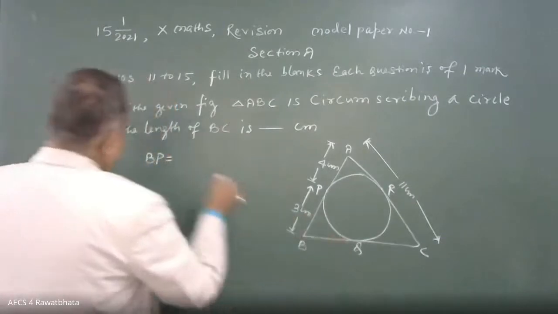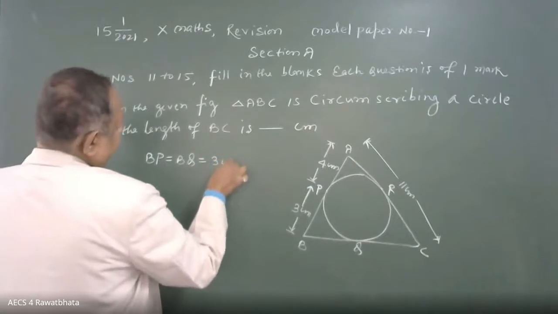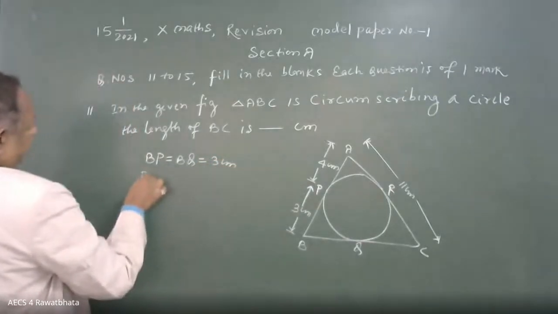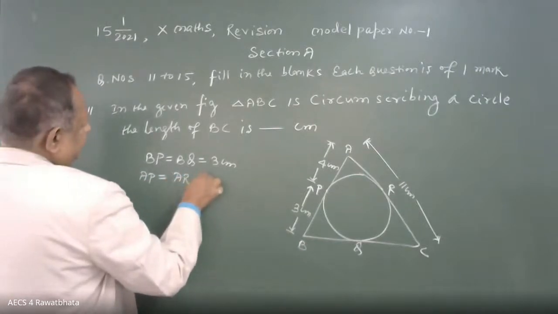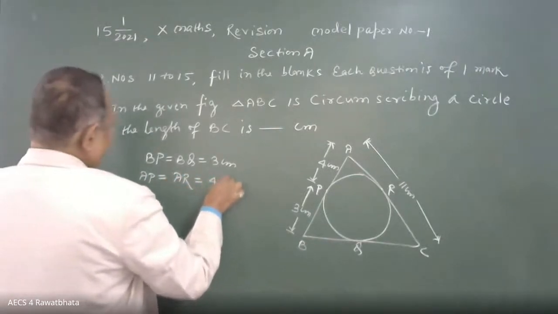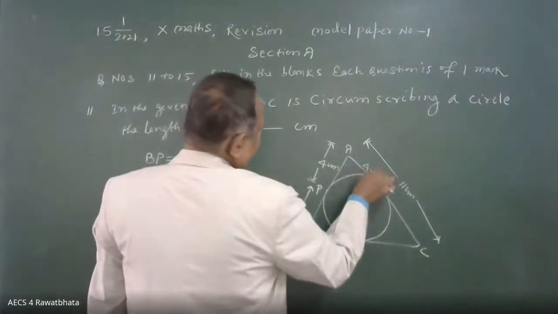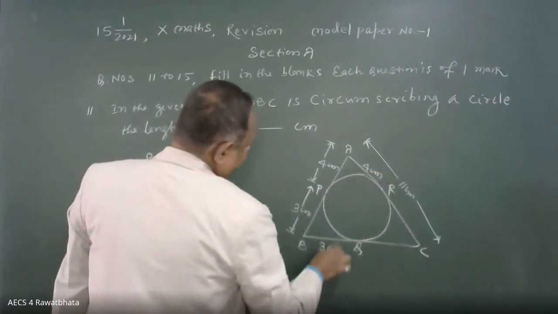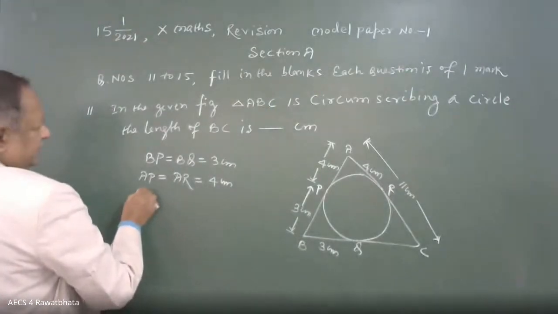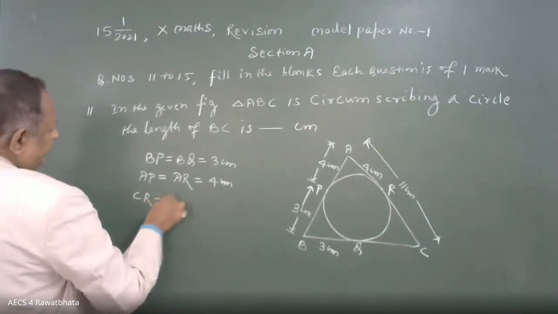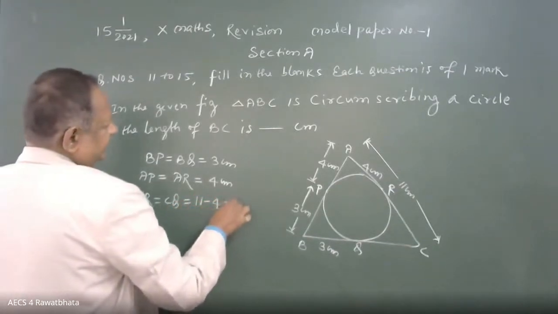AP will be equal to AR, that is 4 centimeter. Now we can find CR is equal to CQ, that is 11 minus 4, 7 centimeter. So this is 7 centimeter, this is 7 centimeter.